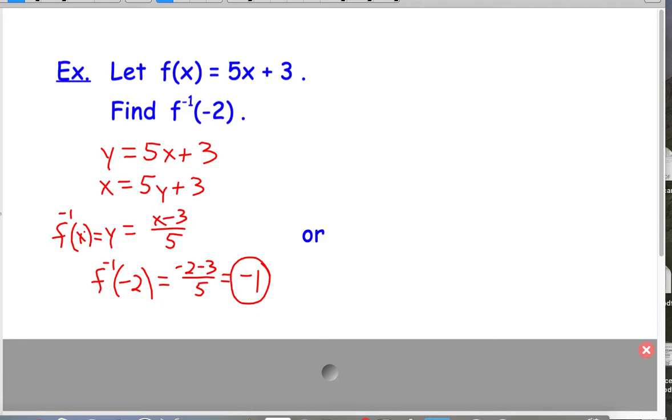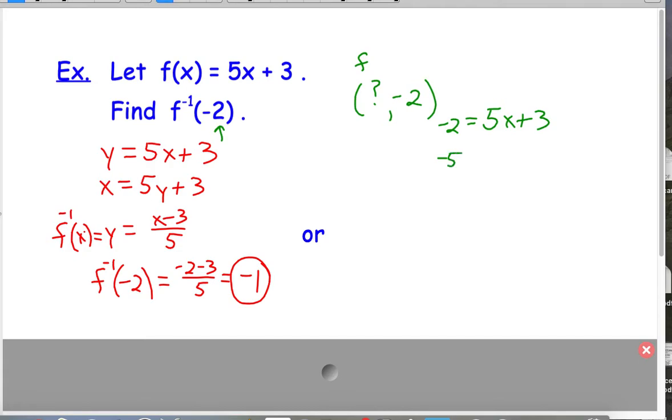Now here's another way to think about it. I'm looking for f inverse of -2. That means I'm looking for the original function's input that outputs a -2. This is for my original function f. So I can just say 5x plus 3, when does that equal -2?